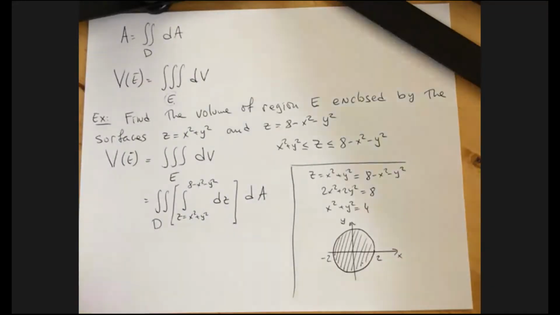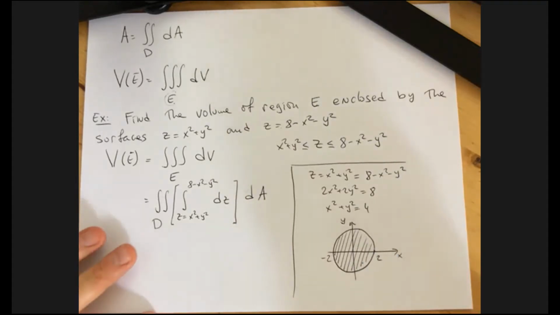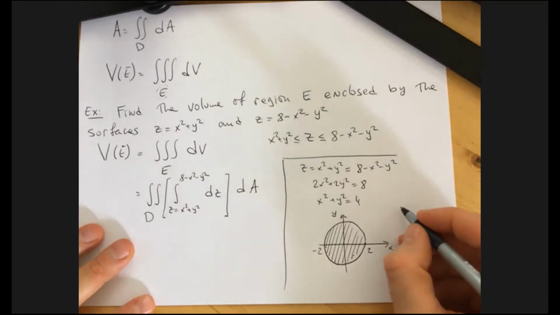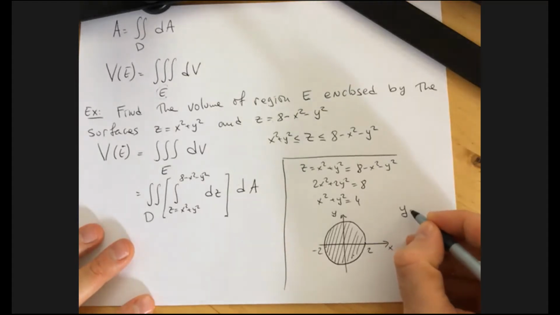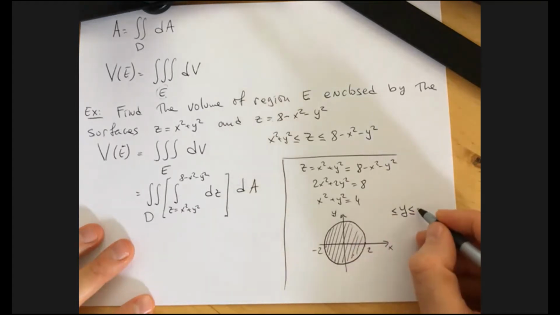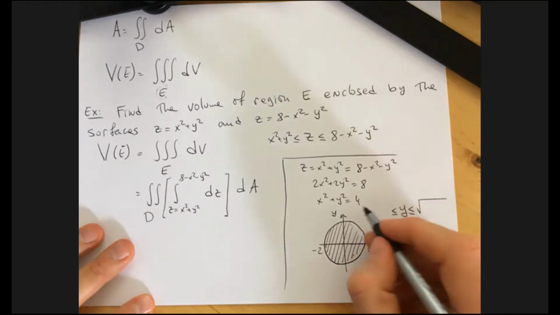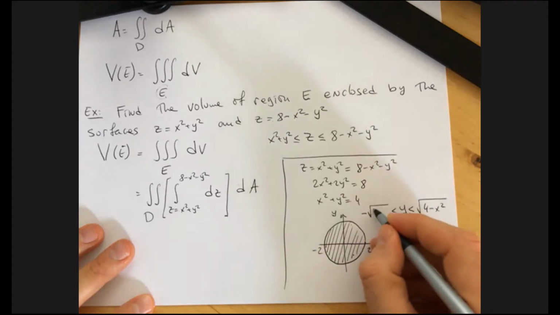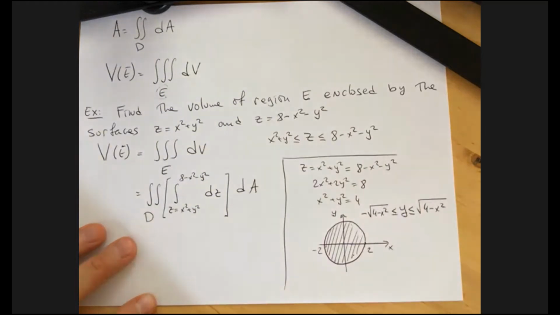Okay, so now it's up to you. It's a circle, so you can bound it any way you want. So let's say y is bounded between square root of 4 minus x squared and minus square root of 4 minus x squared, right?